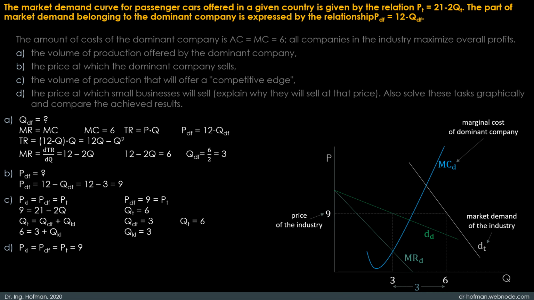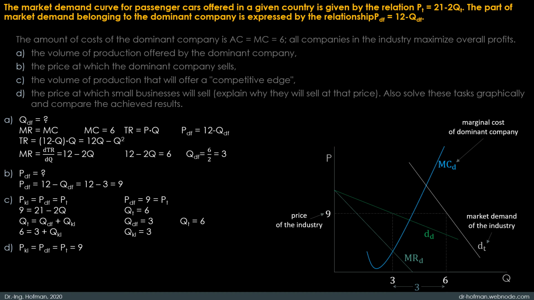So QDF is for the dominant company. Quantity for the dominant company is what we are searching for. Marginal revenues in optimum equal marginal cost. Marginal cost was given as 6 euros. Total revenues are calculated as price times quantity. Price for the dominant company is given as 12 minus QDF.